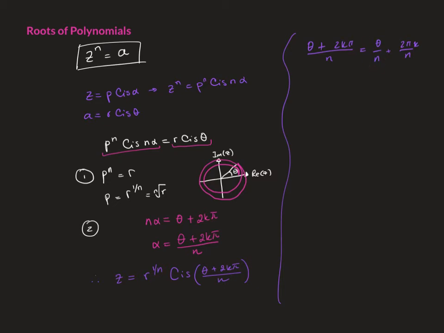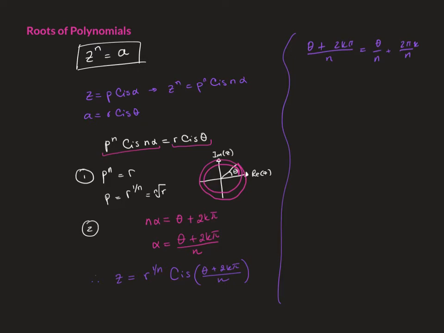Now if k is equal to n, then k over n would cancel. I would get simply 2 pi, and I would have theta over n plus 2 pi, which is essentially the same angle as theta over n. So that is already telling me that the solution when k is equal to n is a repeated solution, giving me one that I already found when k was 0.